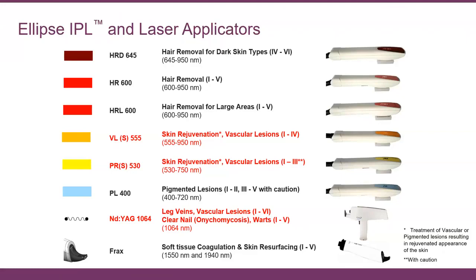The third vascular handpiece here is our long pulse Nd:YAG. Here we can treat leg veins up to skin type 6, although you don't tend to see vessels in skin type 6 as much as you would in lighter skin types. We also use this for treating toenail fungus and warts.